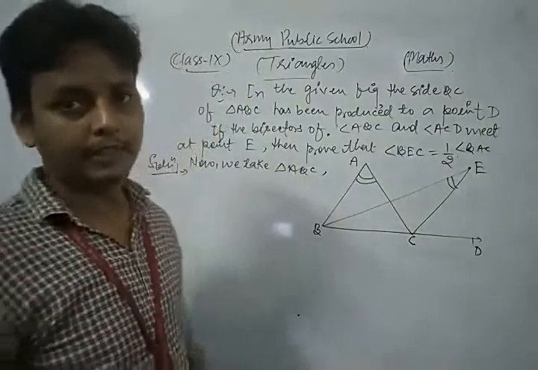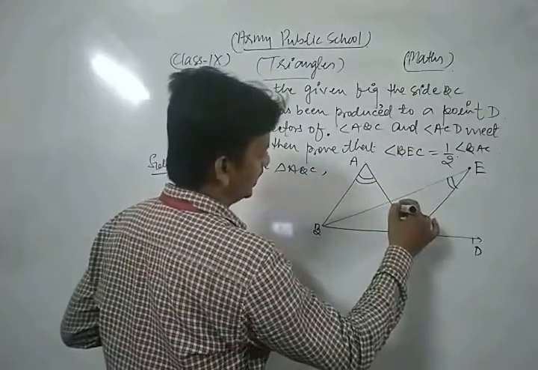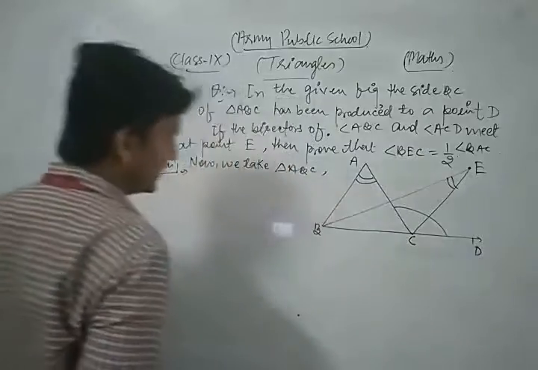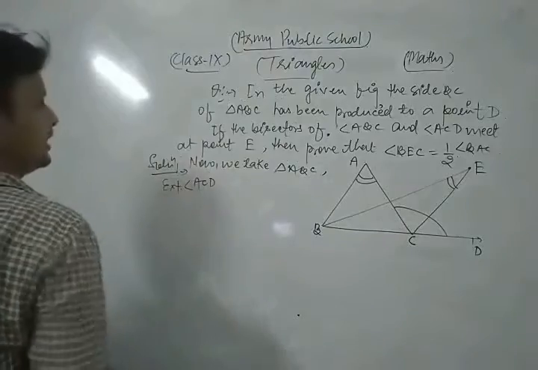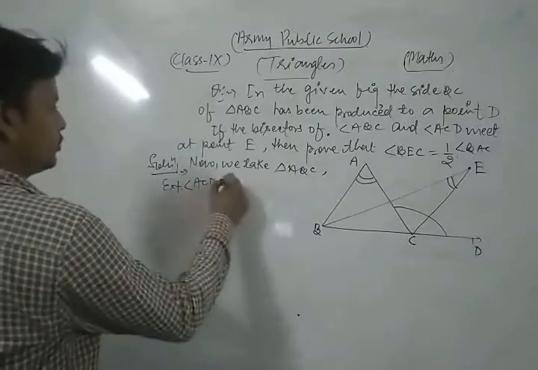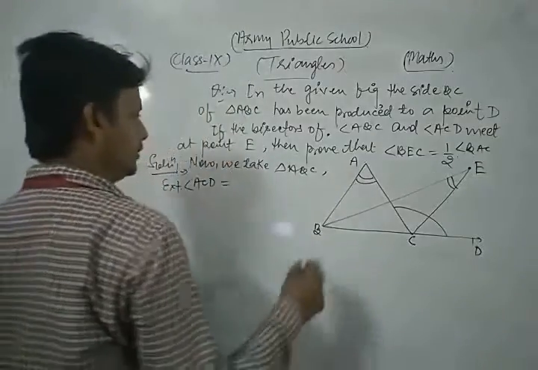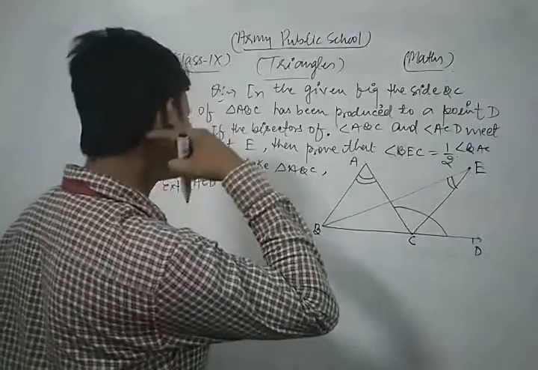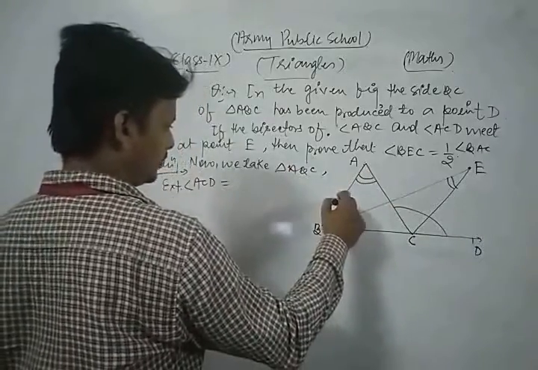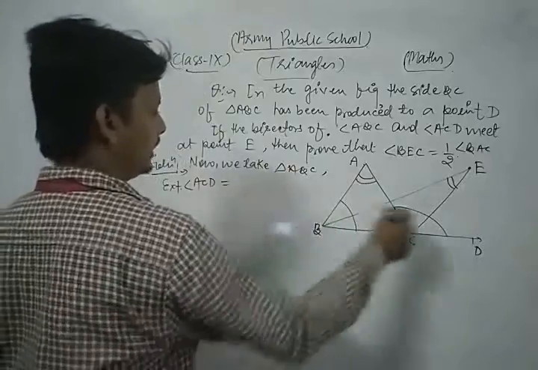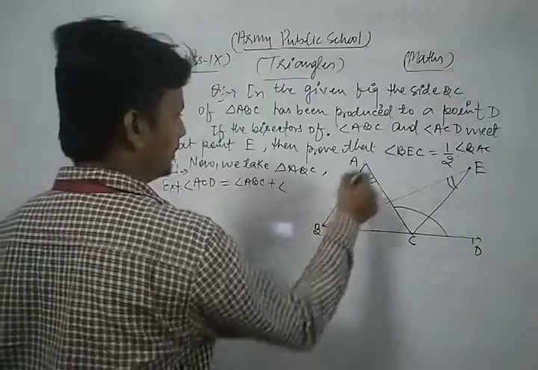For triangle ABC, the exterior angle is ACD. So the exterior angle ACD is equal to the sum of its two opposite interior angles, that is, angle ABC plus angle BAC.